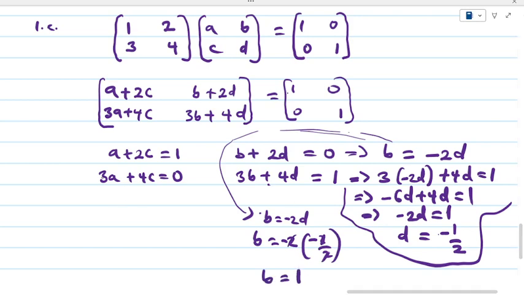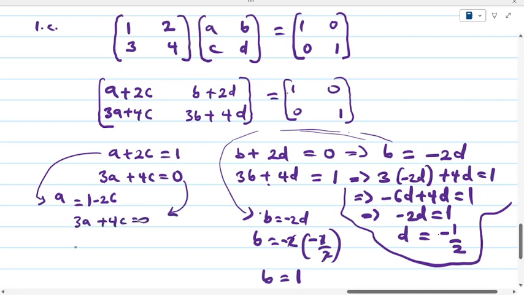Alright, then come back to my a and c. Here I can make a the subject, which is a equals 1 minus 2c. I substitute it here in 3a plus 4c equals 0.